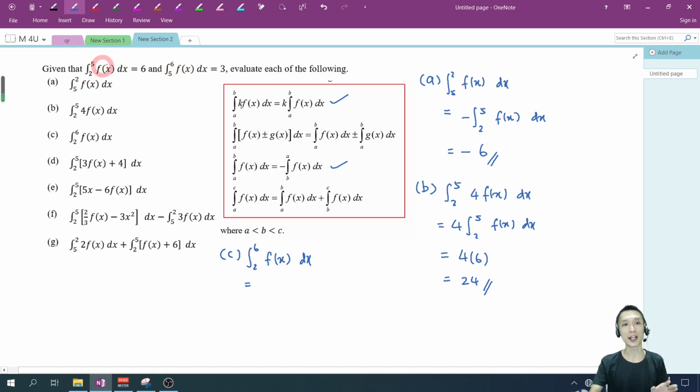It's okay, we can combine these two together to get 2 to 6. So look at this property: when I want to find the integral where the lower limit is a and the upper limit is c, I can break it into two parts, a to b plus b to c. So now I'm using this law to get the answer. Break this into two parts, 2 to 5 plus 5 to 6.